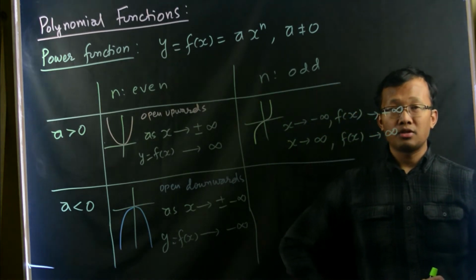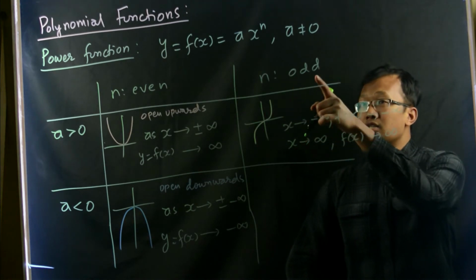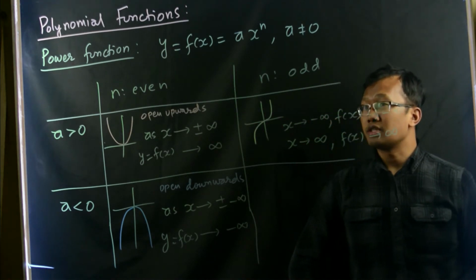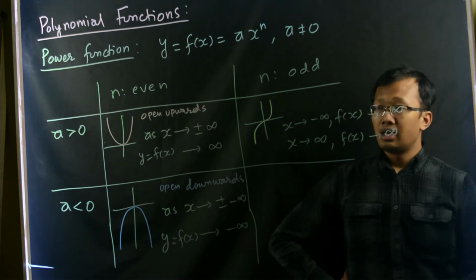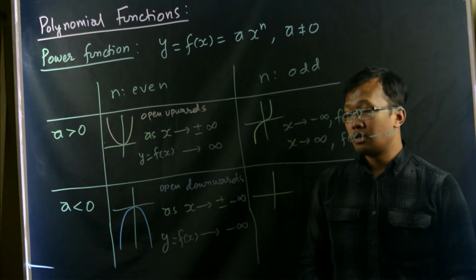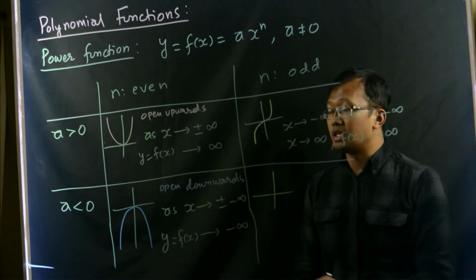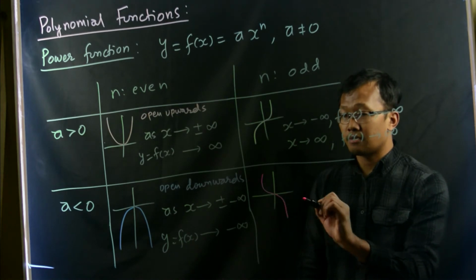So that happens whenever n is odd, the power of the power function is odd, and a is greater than 0. And whenever we have a power function whose leading coefficient is negative, then we'll get a function something just like this.